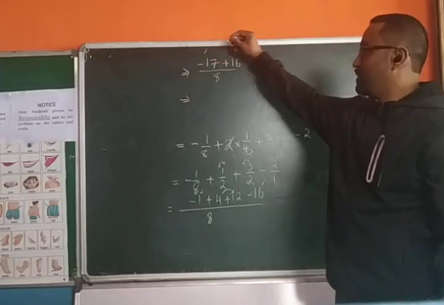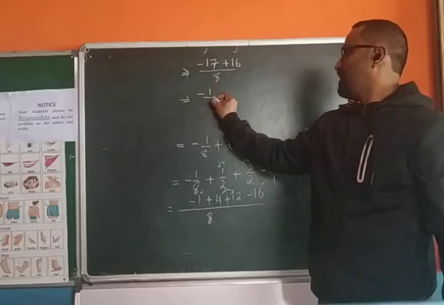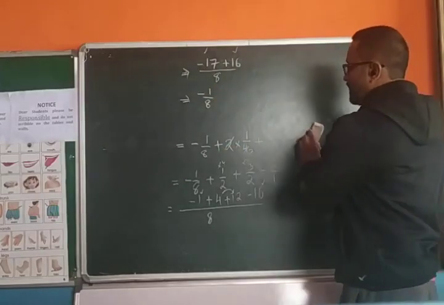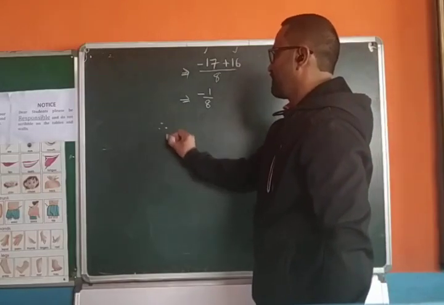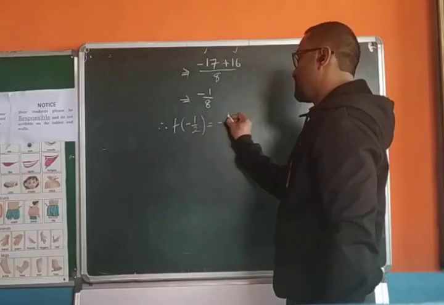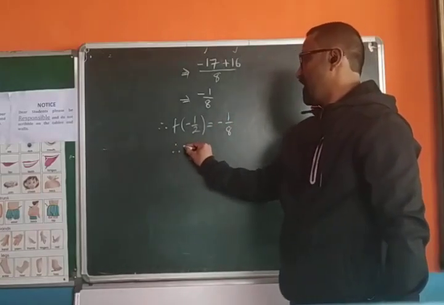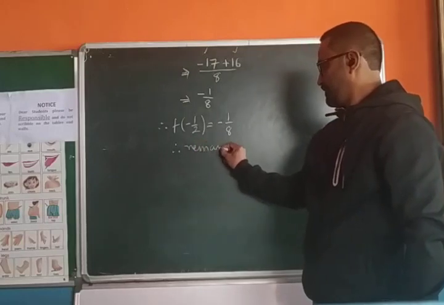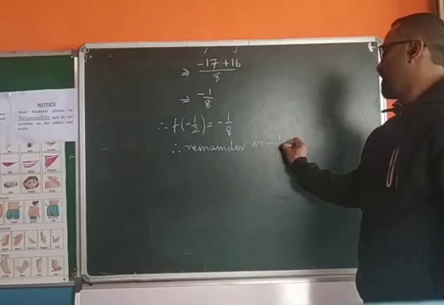One negative number, one positive number, subtract: minus 1 by 8. Therefore, f(minus 1 by 2) is equal to minus 1 by 8, the remainder is minus 1 by 8.